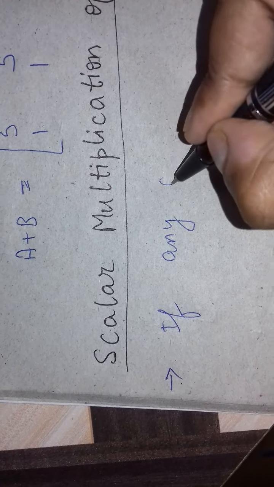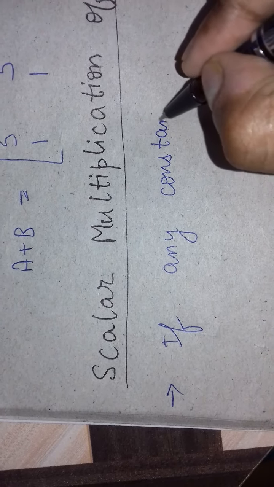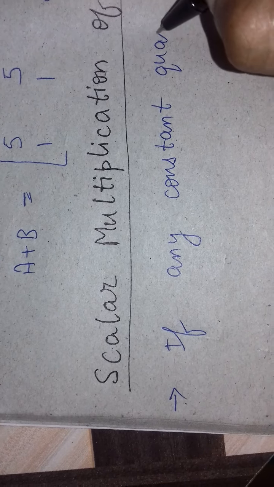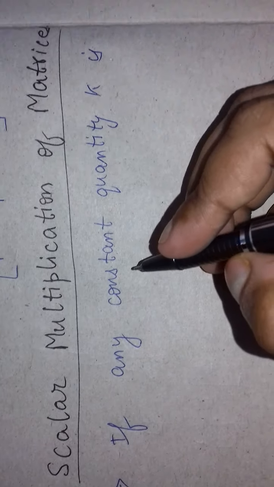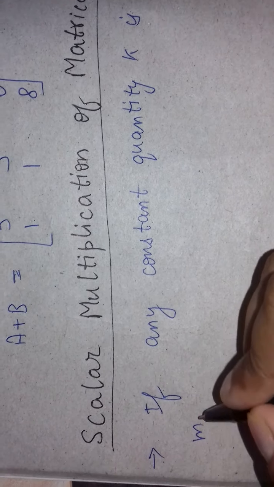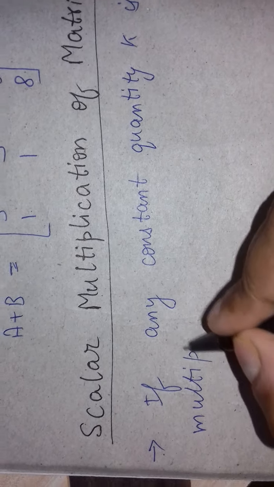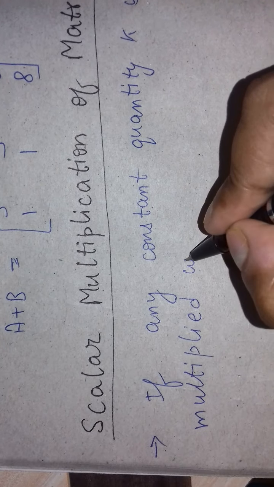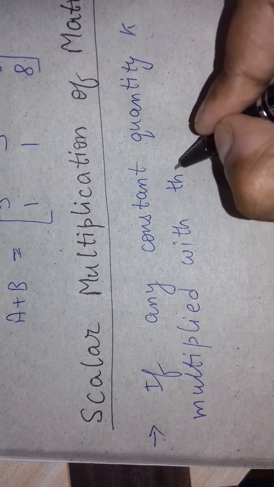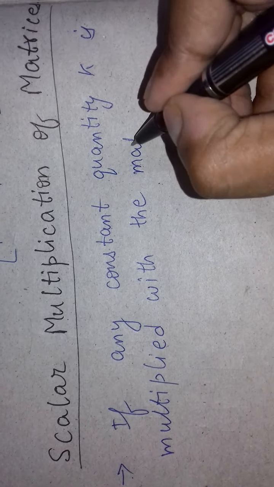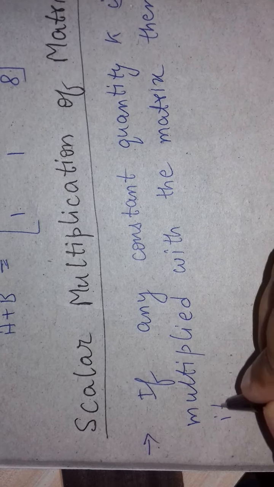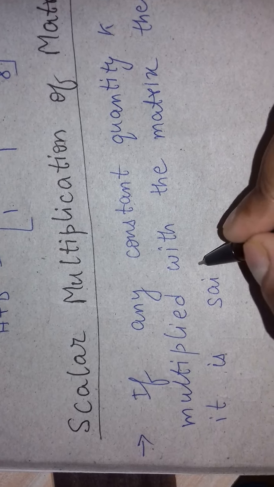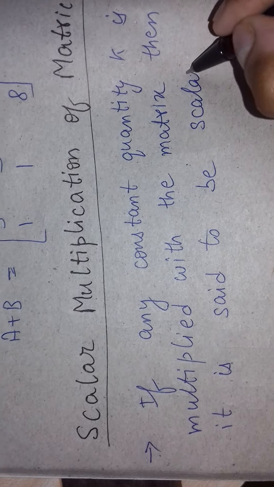If any constant quantity k is multiplied with the matrix, then it is said to be scalar multiplication of matrix.